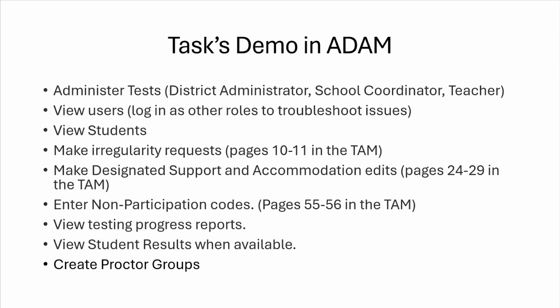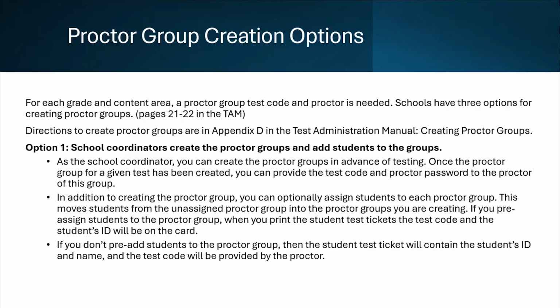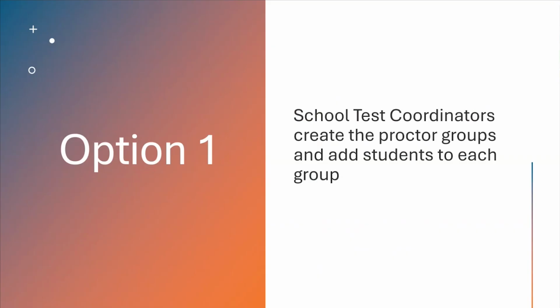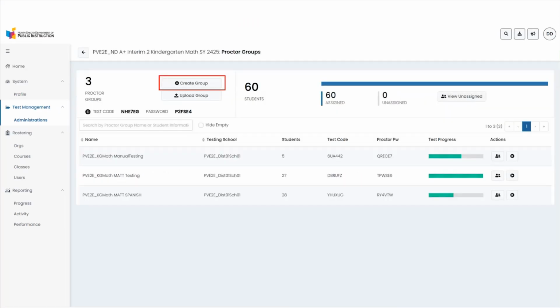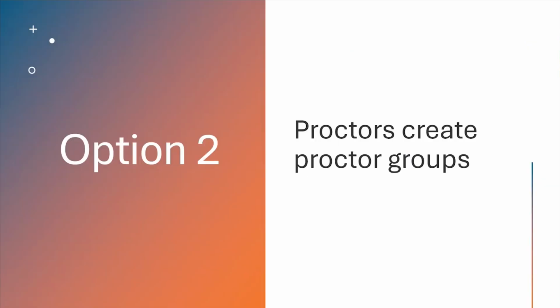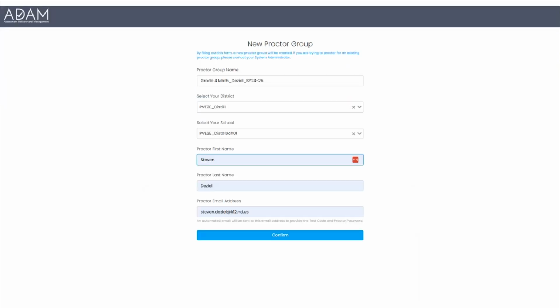So just be aware that you can find more specifics in the test administration manual. These screenshots from 51 to wherever it ends up are all meant for you as a visual of each group creation process.